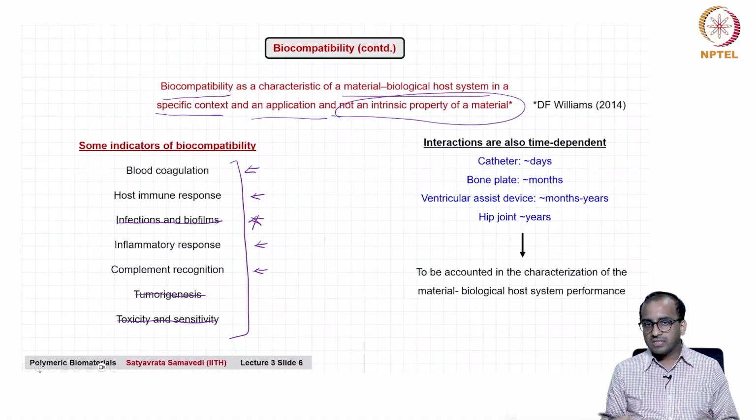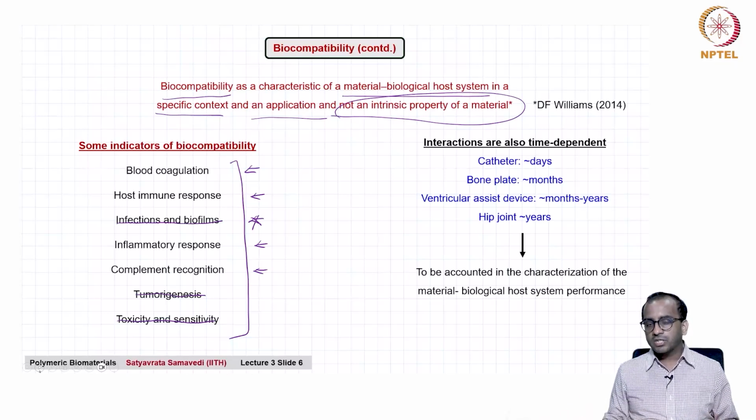Also note that these interactions between the biomaterial and the host are time dependent. It is not like the host is going to mount an immune response and that is going to go away with a certain period of time, and then the material becomes integrated into the body, and then there is no interaction at all.